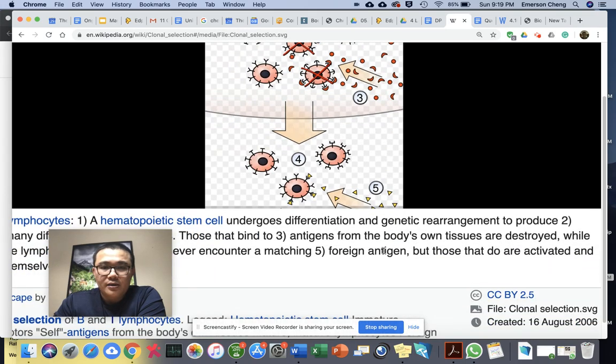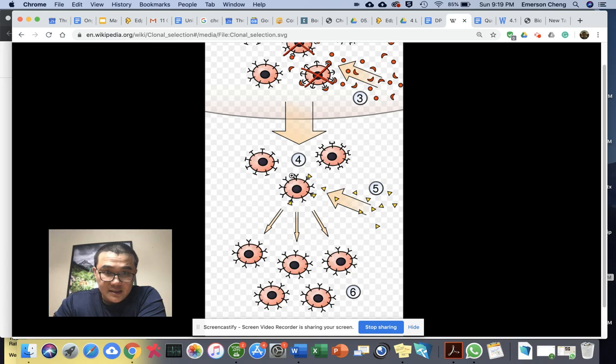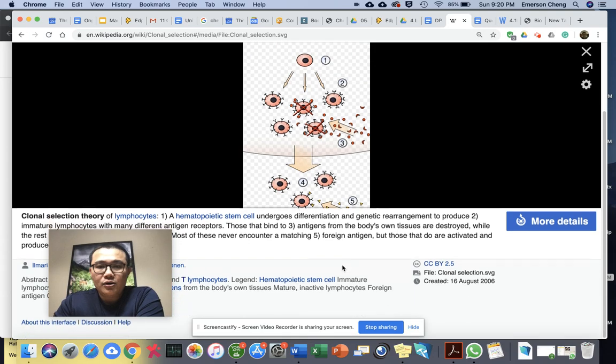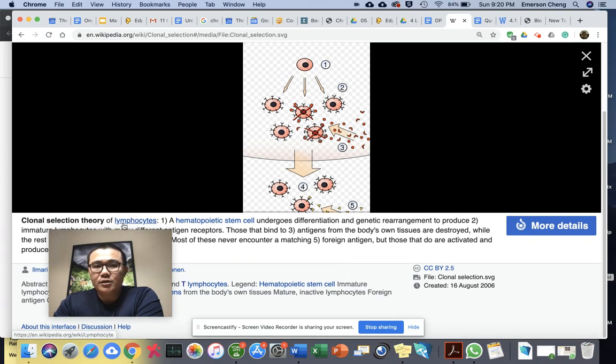So this particular one will be activated to multiply. Some of them are going to become plasma cells. They are going to keep churning out antibodies, but they will only live in this system for a few days. Whereas some will become memory B cells, which will live in your system for decades at a time. Okay, so this is actually a theory called clonal selection theory.